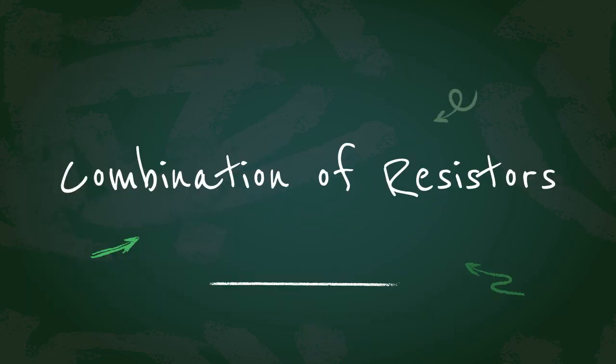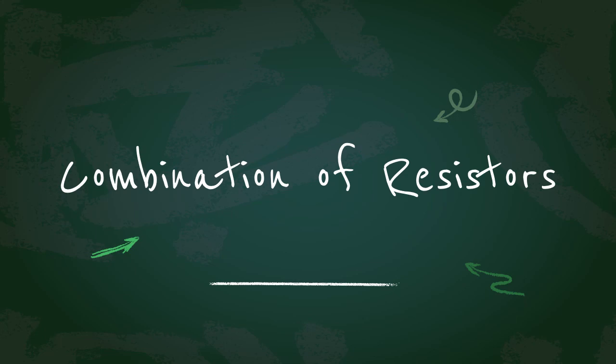So that's it for the combination of resistors. Again, when you solve for problems involving combinations of resistors, if the circuit is just series, you follow the properties of the quantities in series, and when the circuit is parallel, then you just follow the properties in parallel.